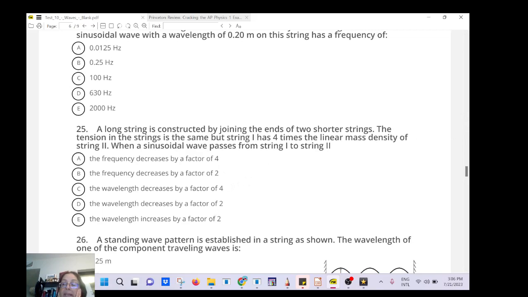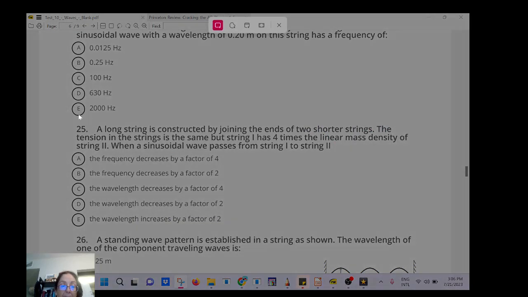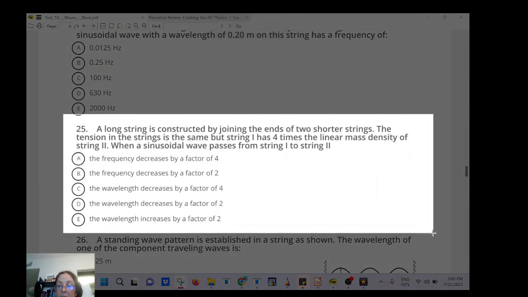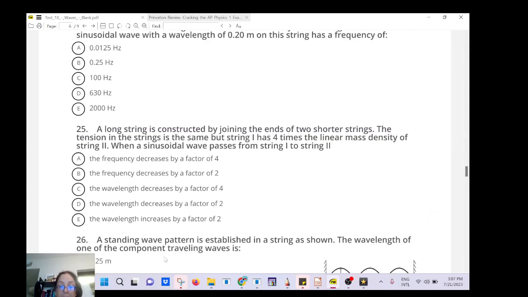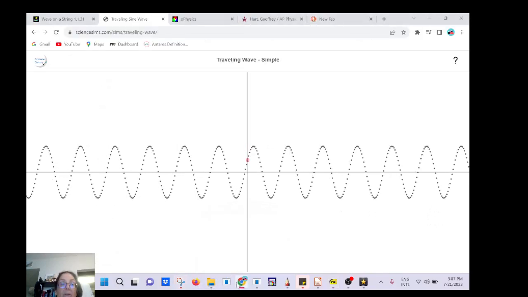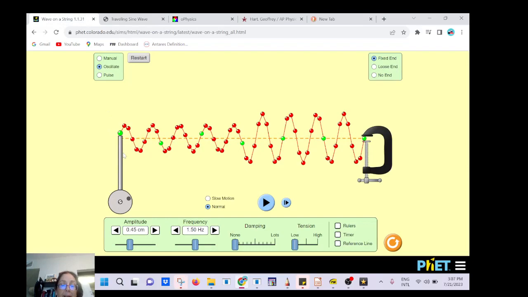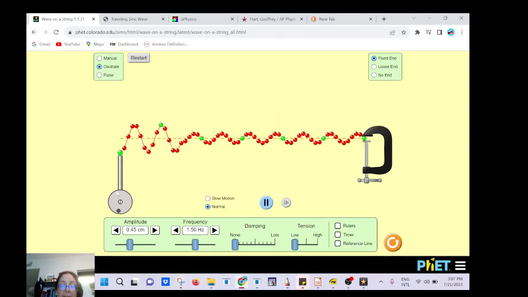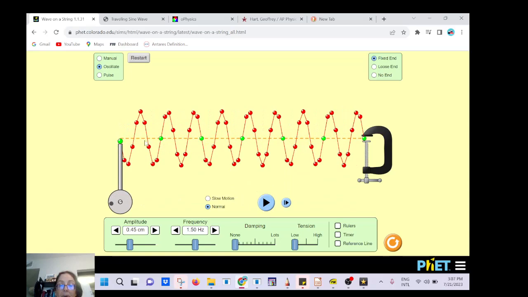So what's going to happen here? It's for the same frequency. So we are not talking about changing the frequency. So it means you have your rope or string, and you're going to shake it here like this. But now you have a thick string here and then a thin string there.